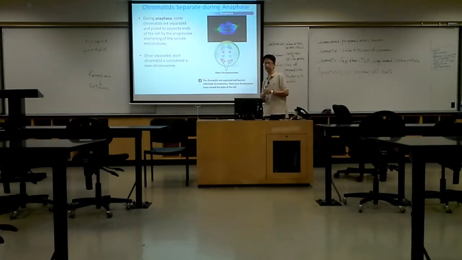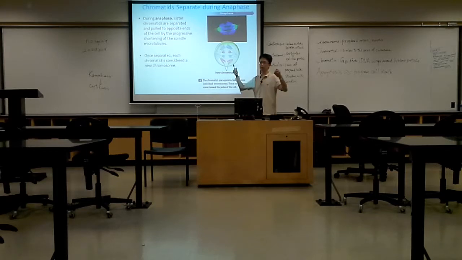And then the next phase is called anaphase. What happens during anaphase is that the mitotic spindle is being retracted by the centrioles. Centrioles start to collect or shorten the mitotic spindle. When the mitotic spindle is shortened, what will happen?